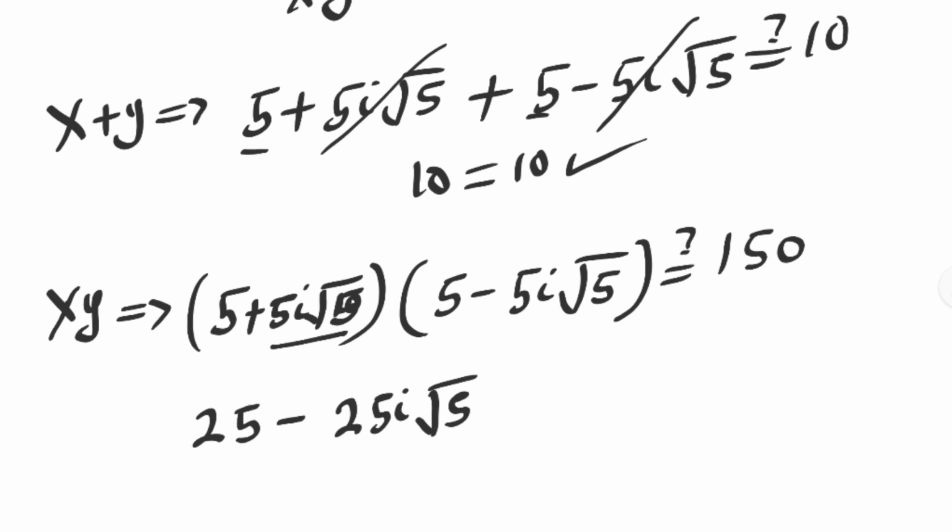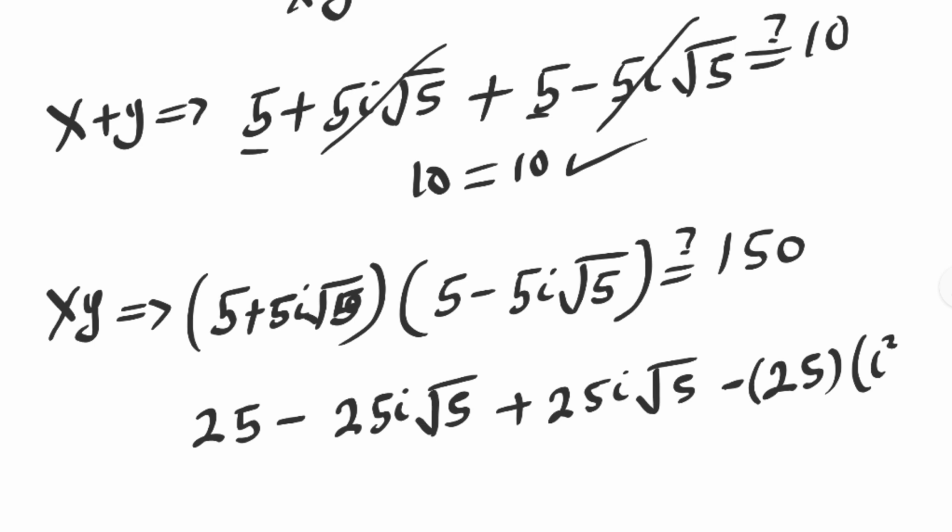This 5i root 5 multiplied by 5 is plus 25i root 5. Then 5i root 5 multiplied by minus 5i root 5 is minus 25 multiplied by i square multiplied by square root of 5 all square, which must be equal to 150.